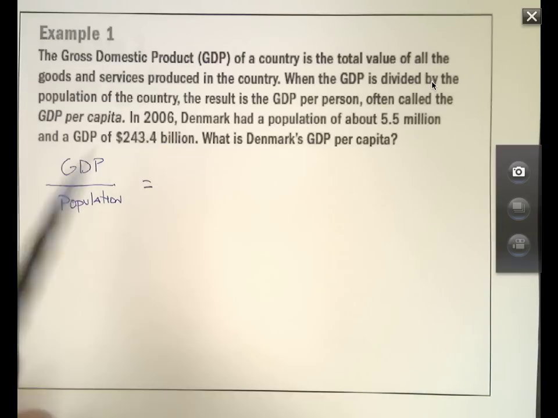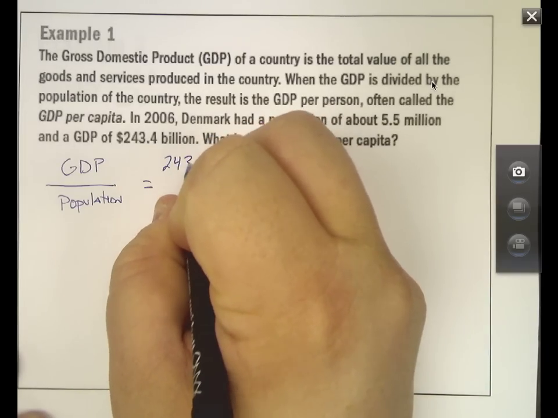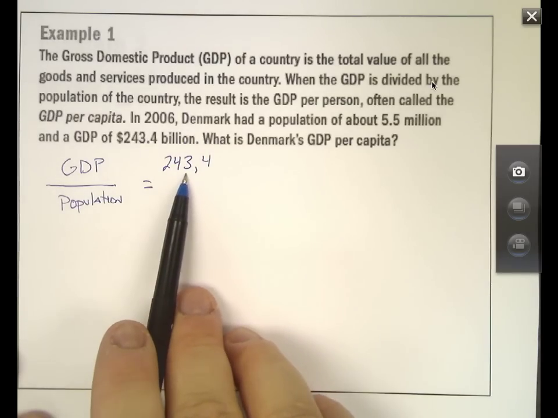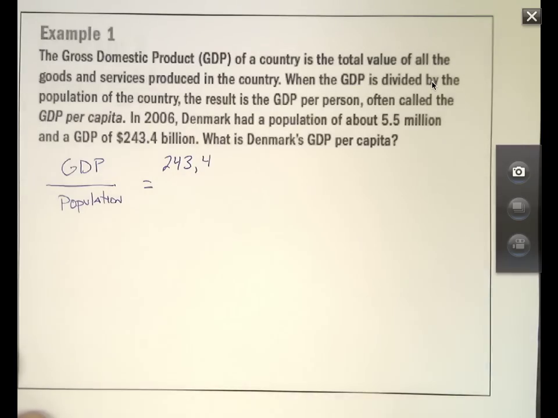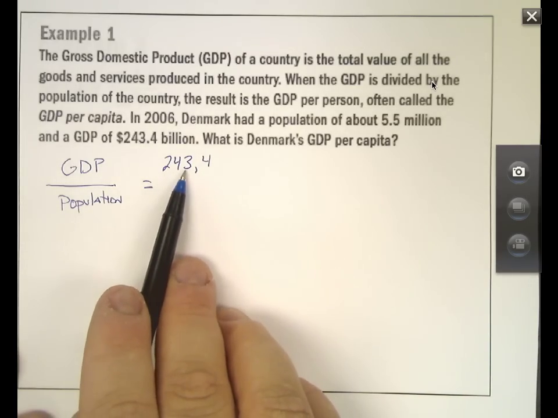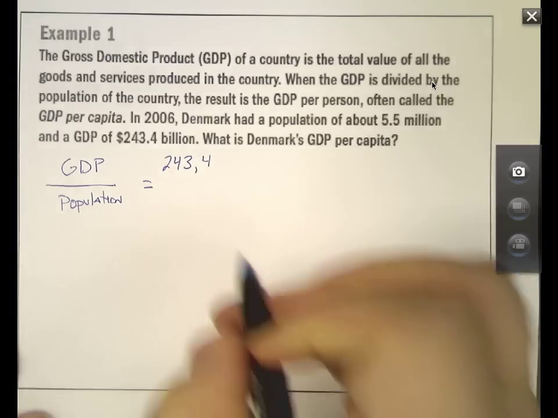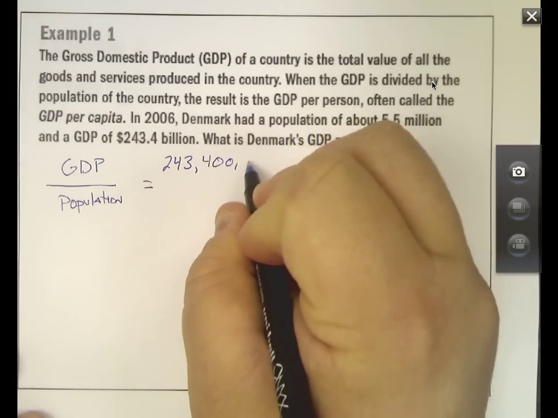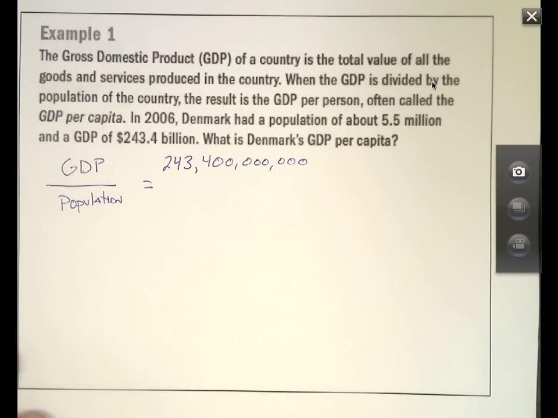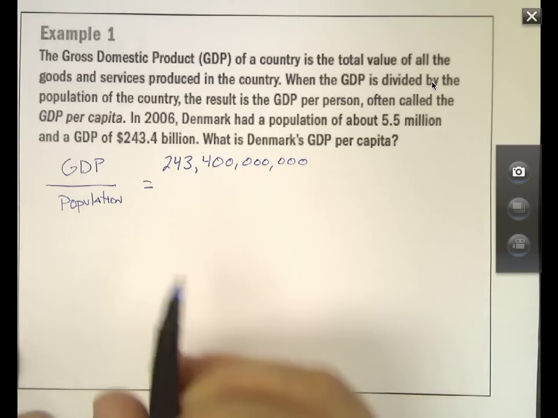So, I'm going to write 243.4 billion as a regular number, which is going to be 243, 4, and then billions, these are billions here, they have what would be 9 zeros, but since I got the 4, it's 243.4 billion, so I have a 4 here, and now I need 8 more zeros.